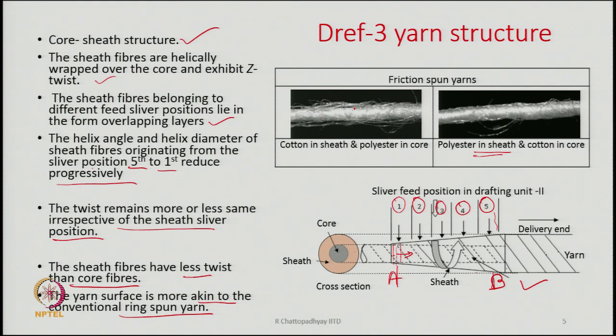The wrapping is not so good, because cotton has fibers of different lengths, whereas polyester fibers are of uniform length. So, if I wrap with polyester, the yarn surface will look much more uniform and lustrous, whereas if I wrap with cotton, it may not be that. There is a lot of hairiness also that can be seen because of the nature of the cotton fiber.